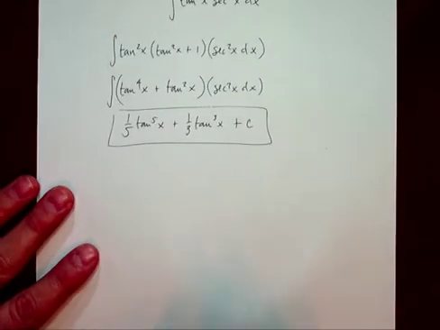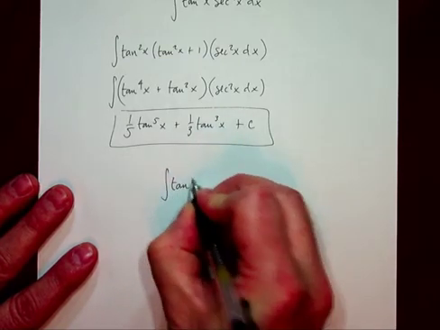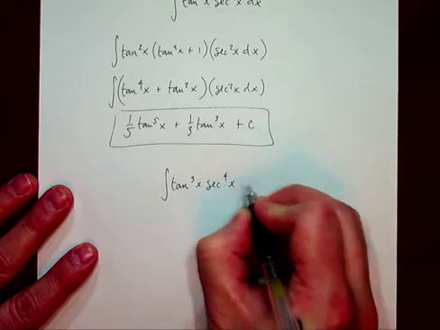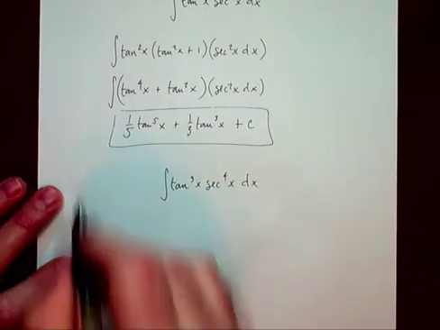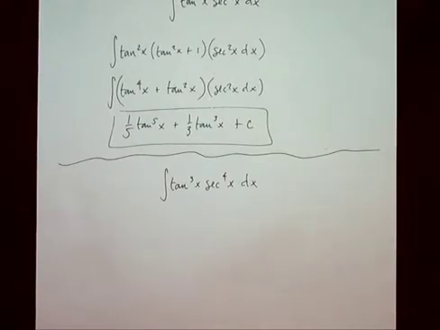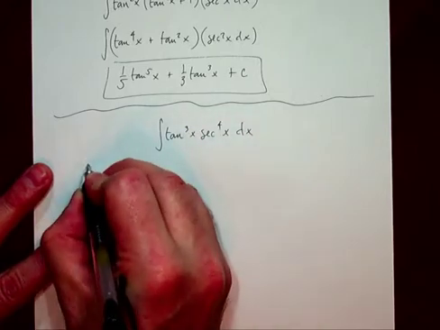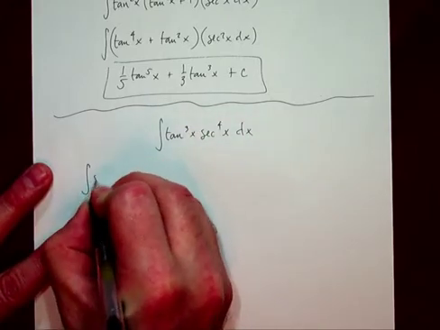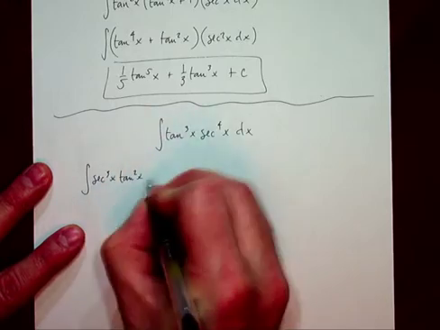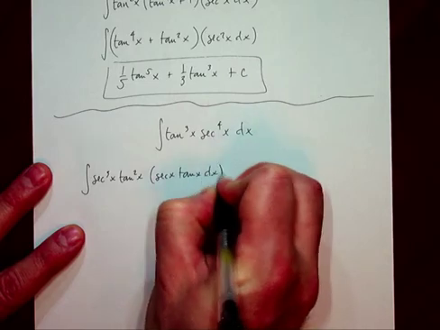Okay, well, let's say, just for argument's sake, that it was tangent cubed x and secant to the fourth x dx. Well, in this case, you actually would be pulling out a secant and a tangent, because once you pull out the secant and the tangent, you have secant cubed x and tangent squared x and secant x tangent x dx.